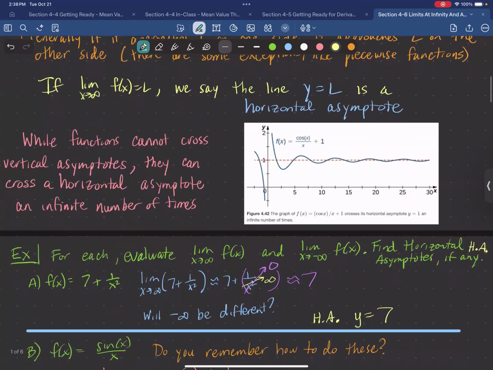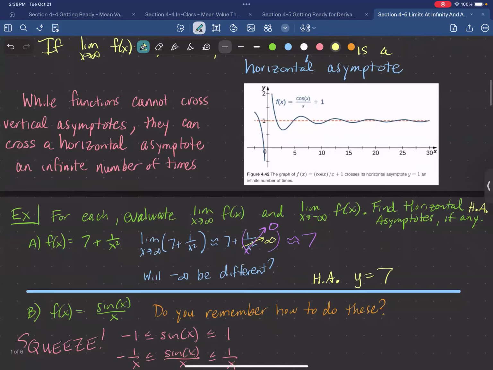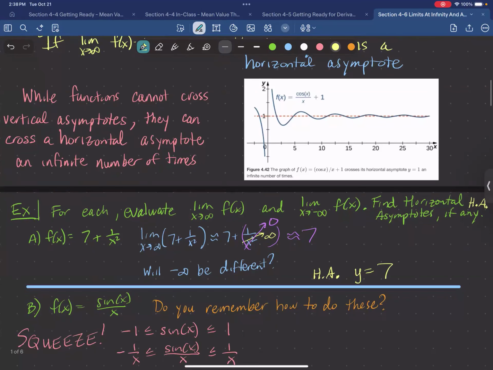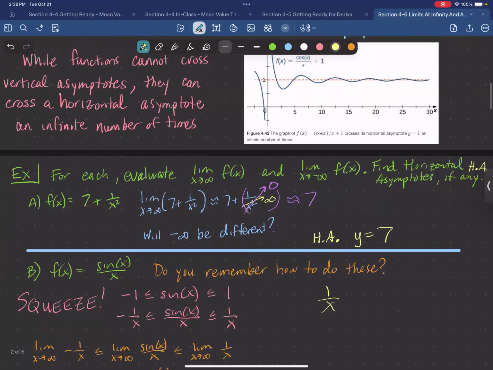Let's take a look at f of x equals sine x over x. Do you remember how to do these? Pause and think about it. Well, if you said squeeze theorem, you were right. We're going to say negative 1 is less than or equal to sine x, which is less than or equal to 1. We'll multiply both sides by 1 over x, and then we will take the limit as x goes to infinity.